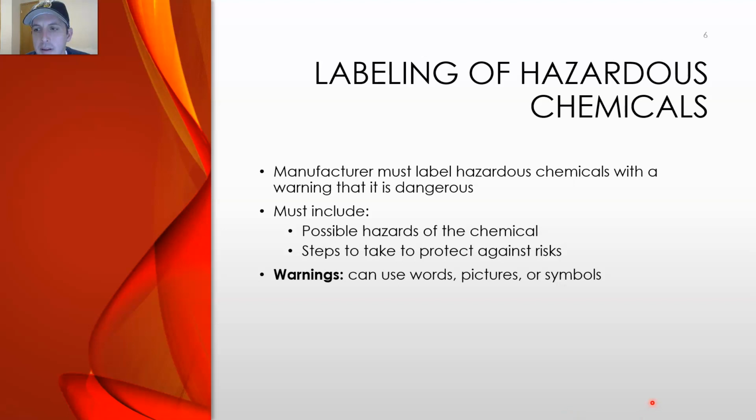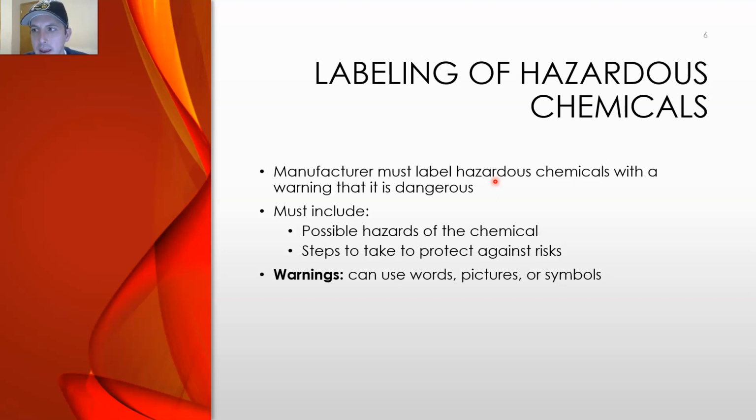In addition to having an inventory of that, all hazardous chemicals must be labeled, right? And the manufacturer must label these chemicals as hazardous, right? And that label then is included within the packaging, so that can be seen. If that label were to fall off or become damaged, a replacement label must be applied.